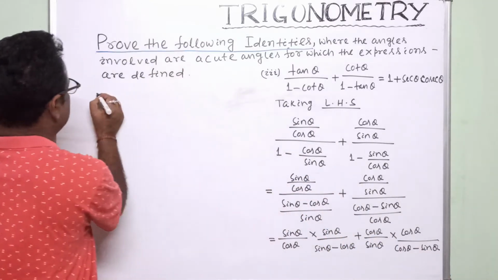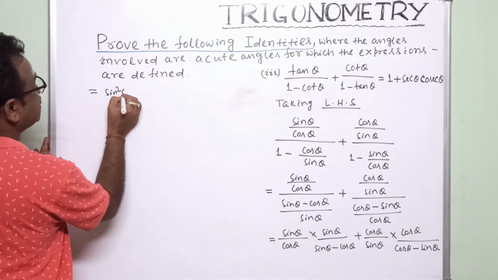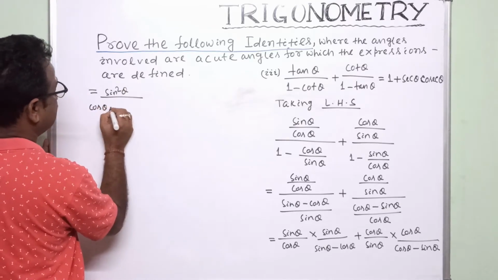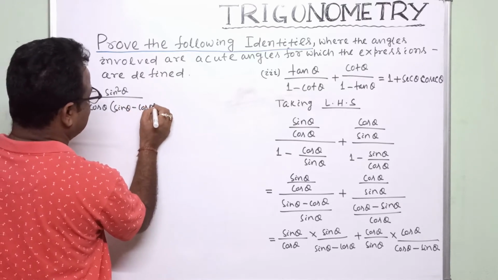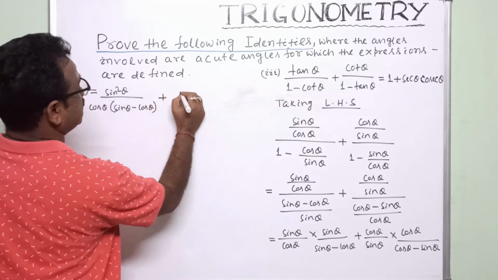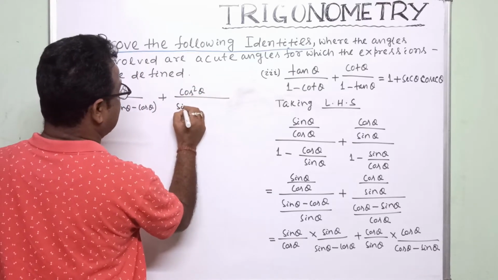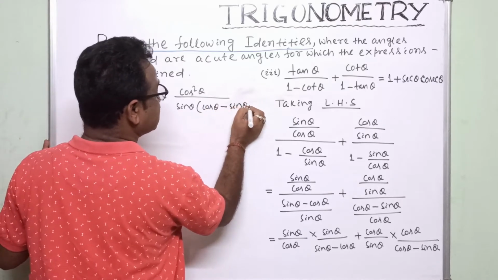Okay, that is equal to sin square theta by cos theta into (sin theta minus cos theta), plus cos square theta by sin theta into (cos theta minus sin theta).